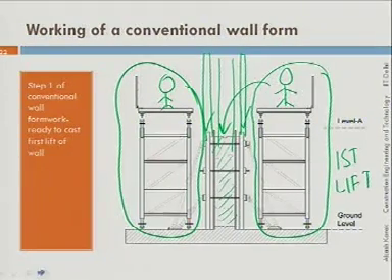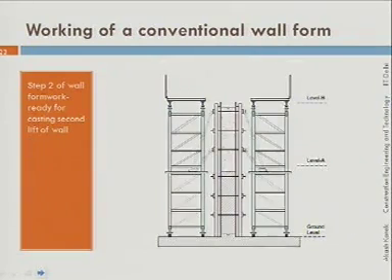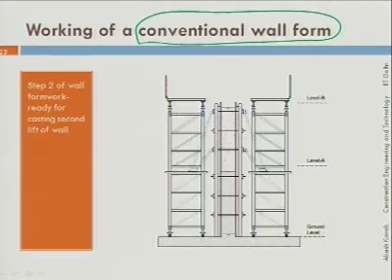Now I show you the second lift. This is using conventional wall formwork. Remember, we are right now discussing how things are done traditionally. Now this portion is already over. Now what will be done?